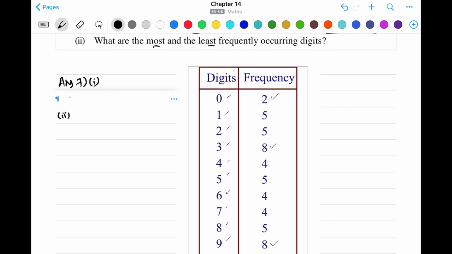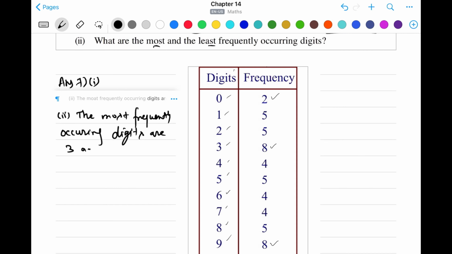So let's write the answer number 2. The most frequently occurring digits are 3 and 9, while the least occurring digit is 0.